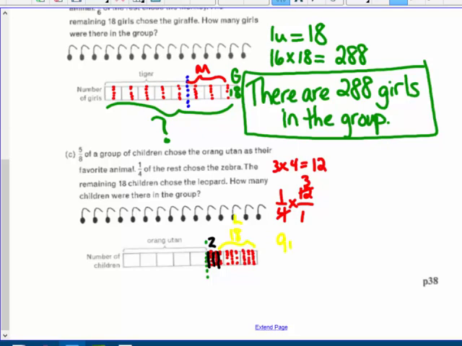So 9 units represents the 18 people, so each unit equals 2. They're asking us to find the total. So now I've divided my 8 large boxes, all cut into 4s, which I'm not going to draw all that. I'm going to write it out here. 8 large bars, cut into fourths, because of this 4 right here.